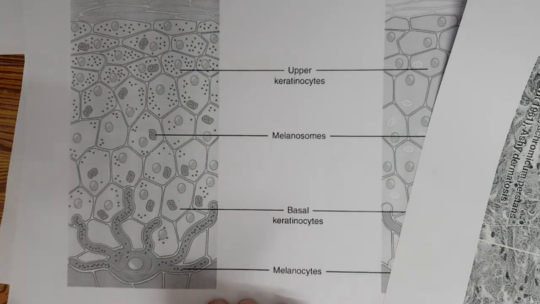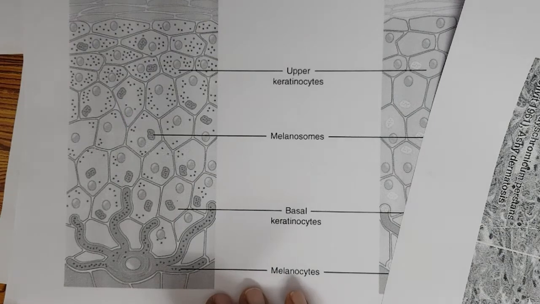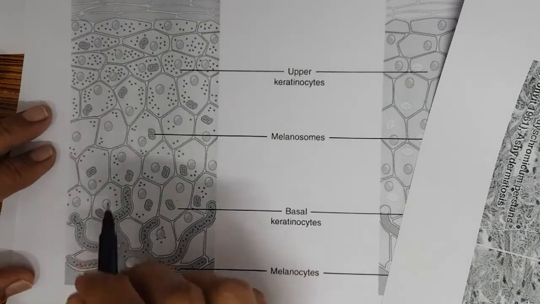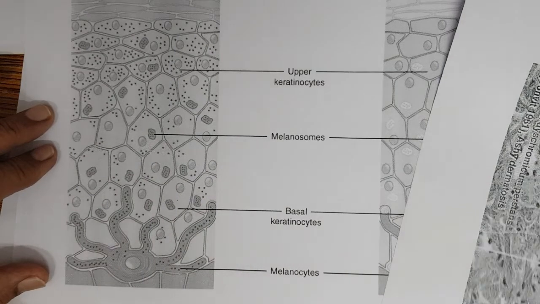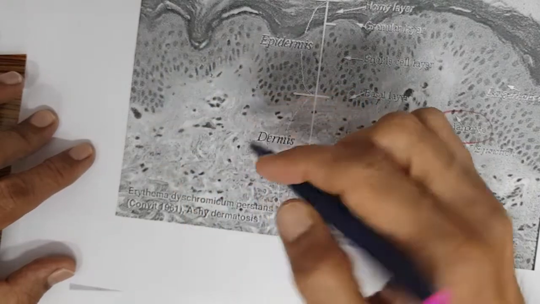When you expose your skin to sunlight, the melanocyte cells produce melanosomes that contain melanin. The melanosomes are transferred from melanocytes to keratinocyte cells. These are all the keratinocytes. When we saw the structure of the skin, these are all the keratinocytes.